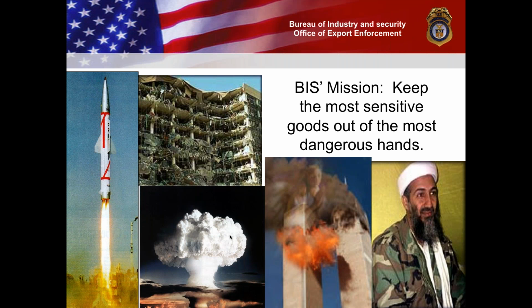The Bureau of Industry and Security, which, as I mentioned before, monitors and enforces export controls, their main mission is to keep the most sensitive goods out of the most dangerous hands. Many years ago, before 2002, the name of this agency was BXA, Bureau of Export Administration, sorry.